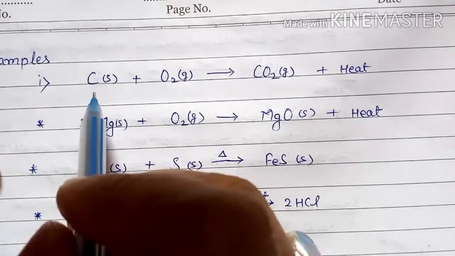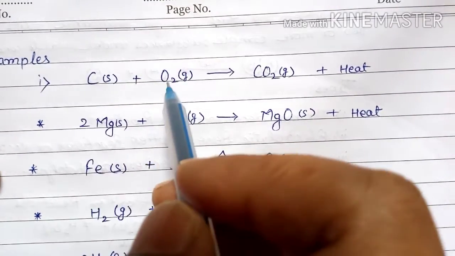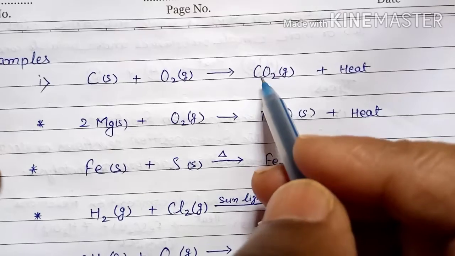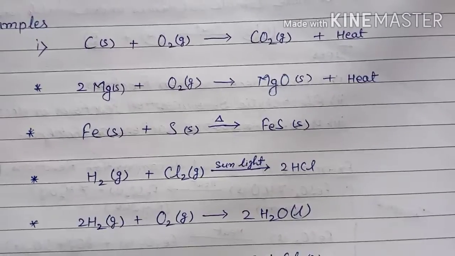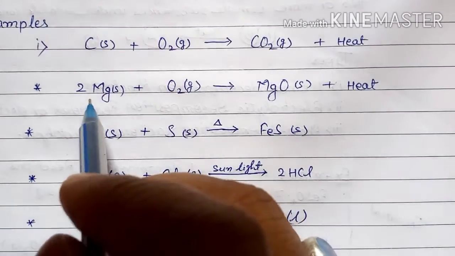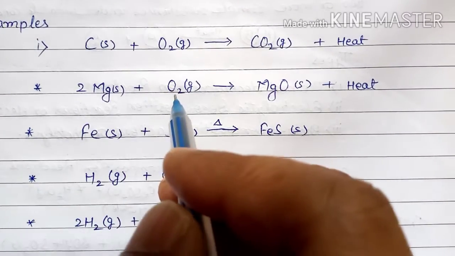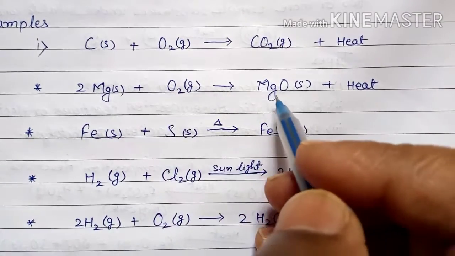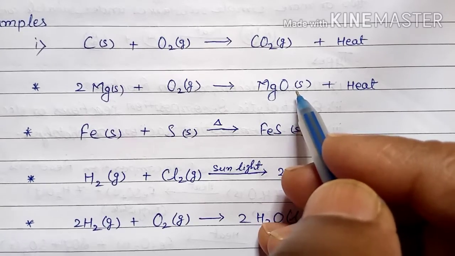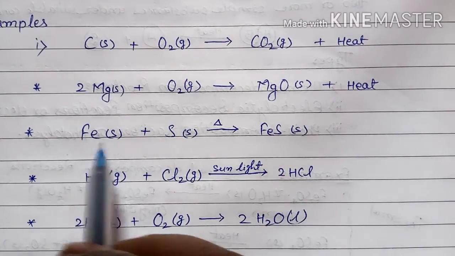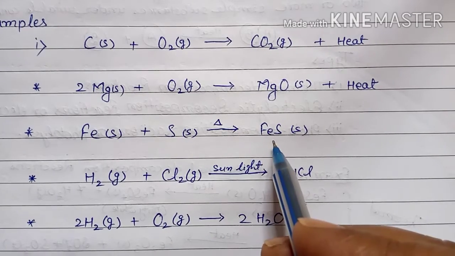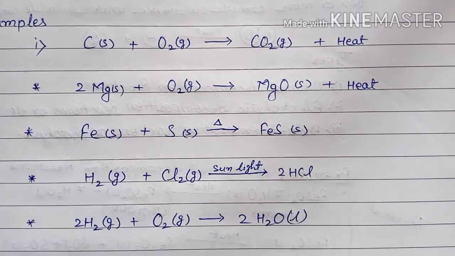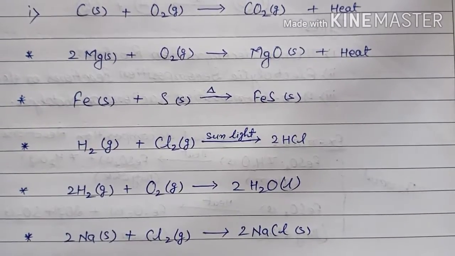See here, when carbon reacts with oxygen, they form a single compound, that is carbon dioxide. Magnesium when reacting with oxygen forms a single compound, magnesium oxide. Iron when reacting with sulfur on heating forms ferrous sulfide or iron sulfide.